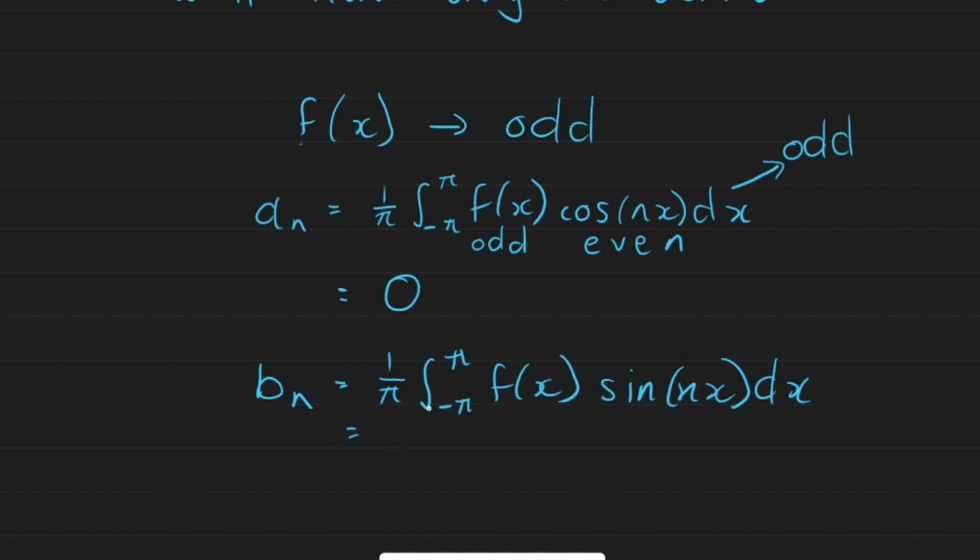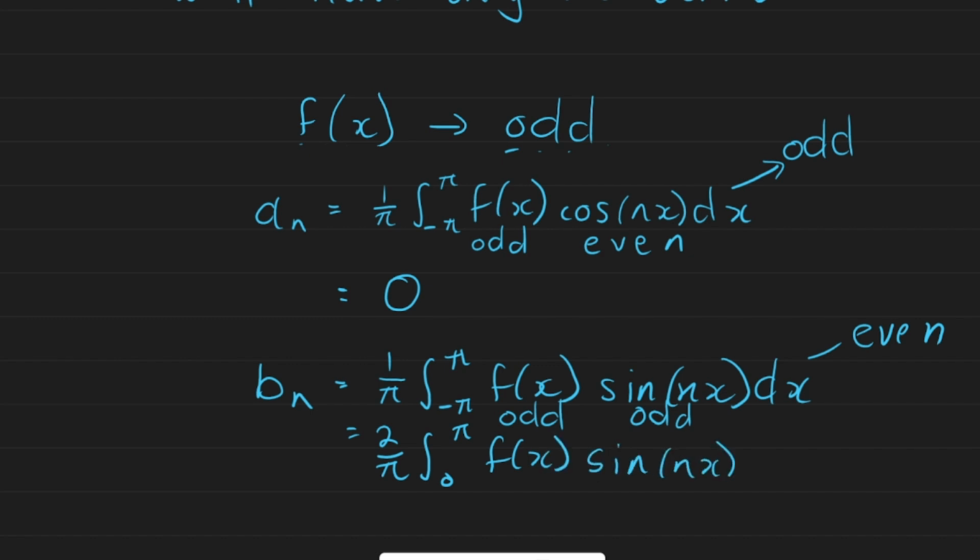So we know that we can just integrate from 0 to pi, since this is an odd function, which is what we are defining it. And sine is also an odd function. So this entire thing is an even function. So that means that we're just going to have 2 over pi times the integral from 0 to pi of f of x sine nx dx.